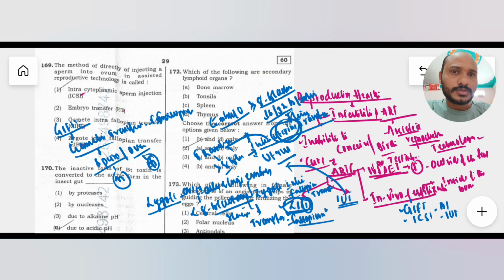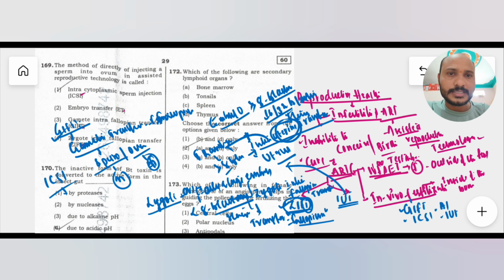And coming to ICSI, the process is as follows. We collect gametes from the male and from the female, and then directly inject the gamete into the fallopian tube, where the fertilization process occurs. ICSI means intracytoplasmic sperm injection.